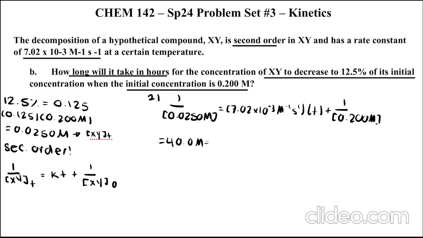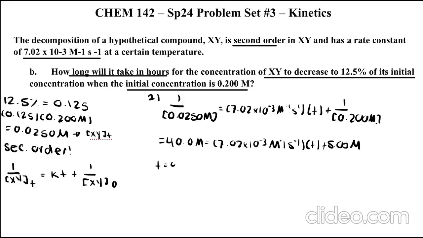So, 40.0 per molar is equal to our rate constant k of 7.02 times 10 to the power of negative 3 inverse molar per second times t plus 5.00 per molar. And if we rearrange for t, we get that t equals 40.0 minus 5.00 divided by our rate constant. Now, let's finalize the question by moving on to our third step, doing the calculations.